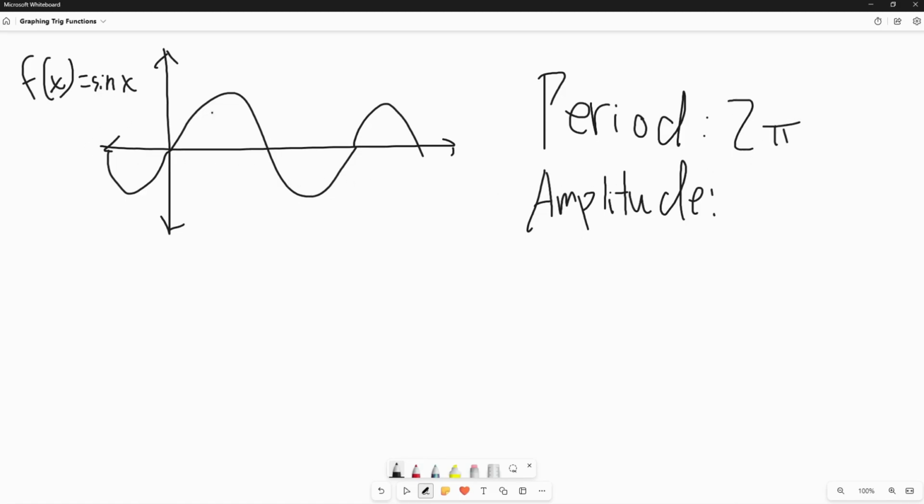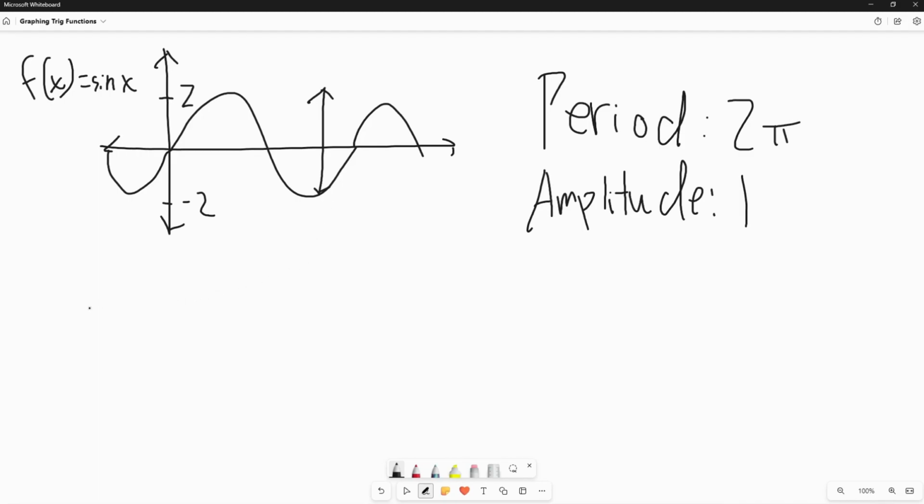And the amplitude is what I like to say is the height of the graph. Usually the graph goes from -1 to 1, so the height would be 2. But if the height were to be 4, for example, if this was -2 to 2, the amplitude would be 2 because they're multiplying the height by 2. But usually the amplitude is just 1.